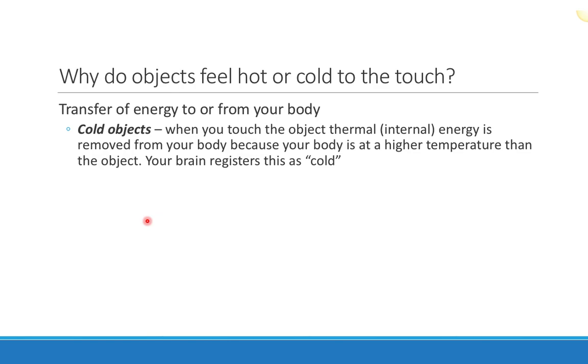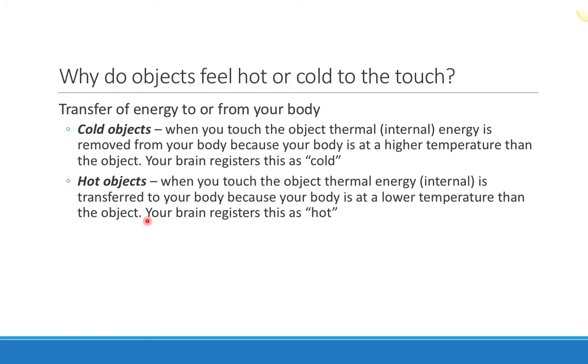So I grab the ice cubes out of the freezer, and the ice cube feels cold to me because my hand is at a warmer temperature than the ice cube. Thermal energy leaves my hand and goes towards the cooler object, the ice cube, and my brain says, oh, you're losing energy in your hand, that object is cold.